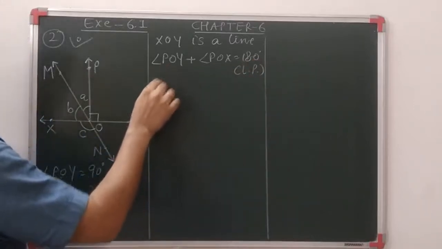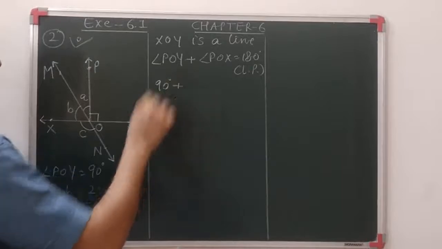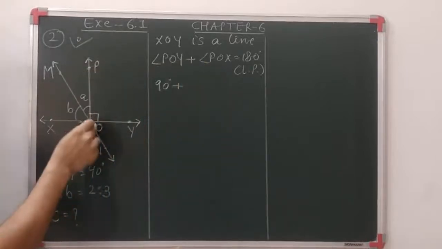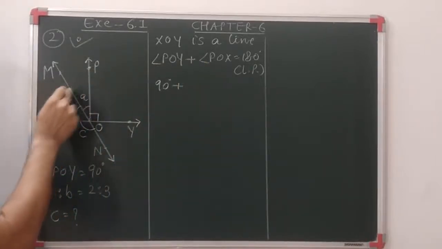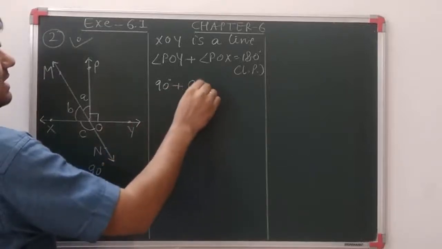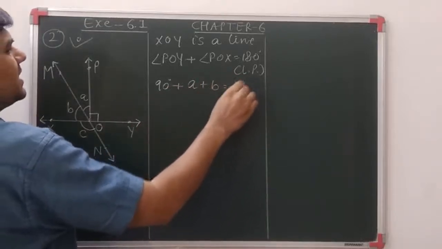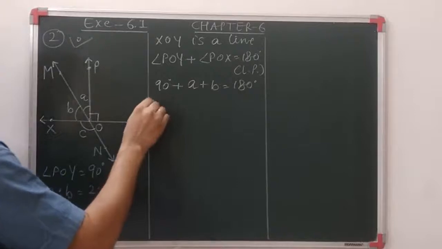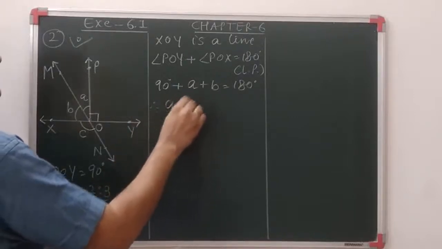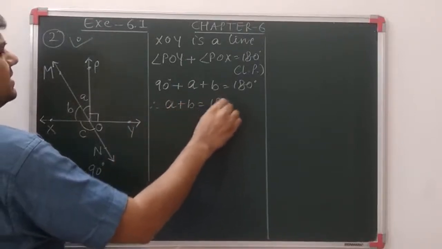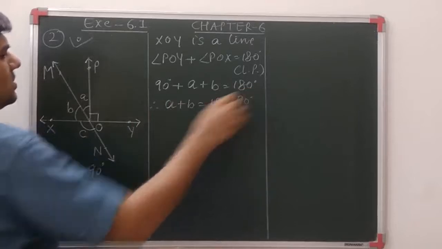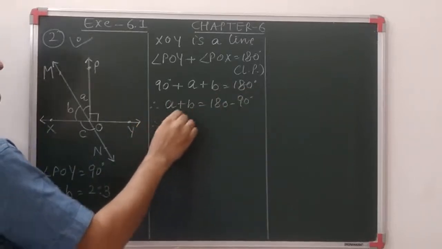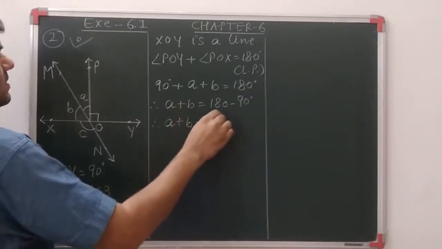The reason we write is that they form a linear pair. This angle is 90 degrees. Now see students, POX is nothing but the sum of A and B. So we write A plus B is 180. So angle A plus B is equal to 180 minus 90. So A plus B is 90.